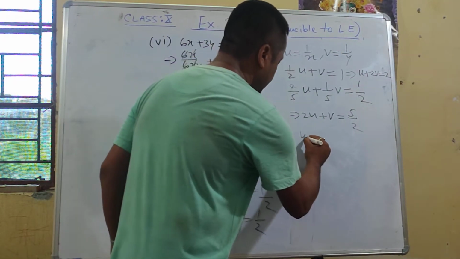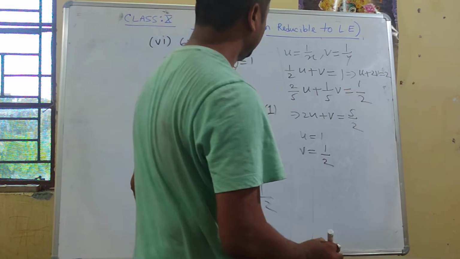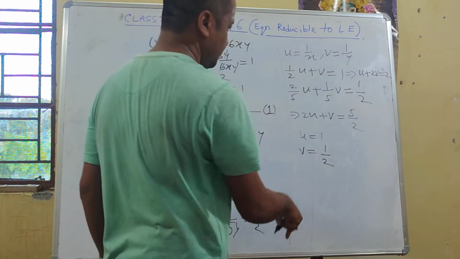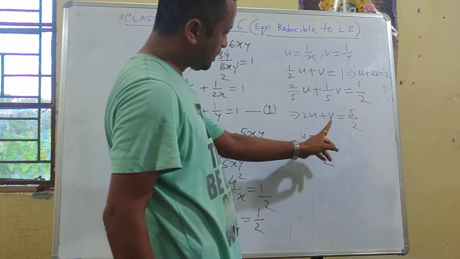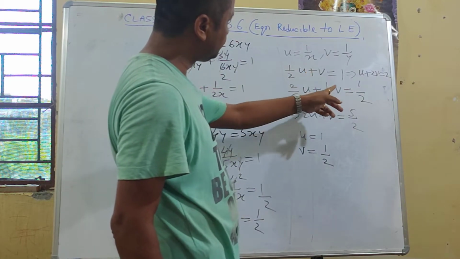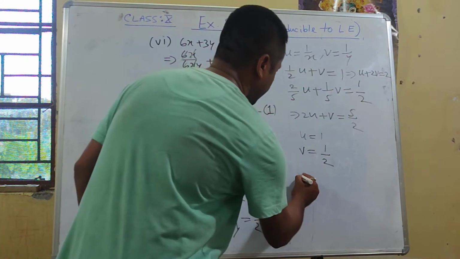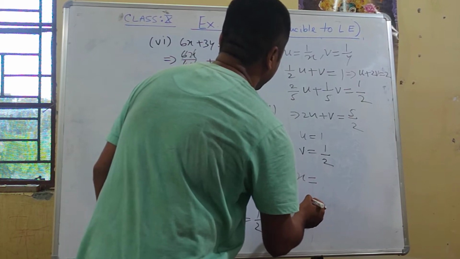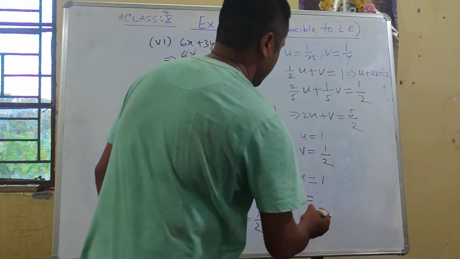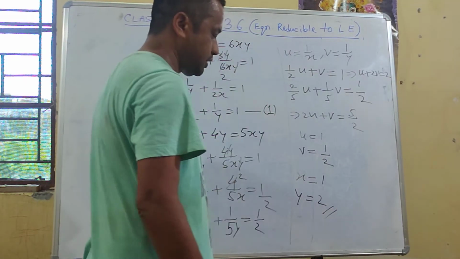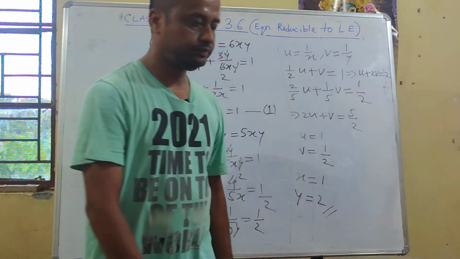So here you will get u is equal to 1 and v is equal to half. So you will get x is equal to 1 by u, that is 1, and y is equal to 2. So x is equal to 1 and y is equal to 2 are the final answer.